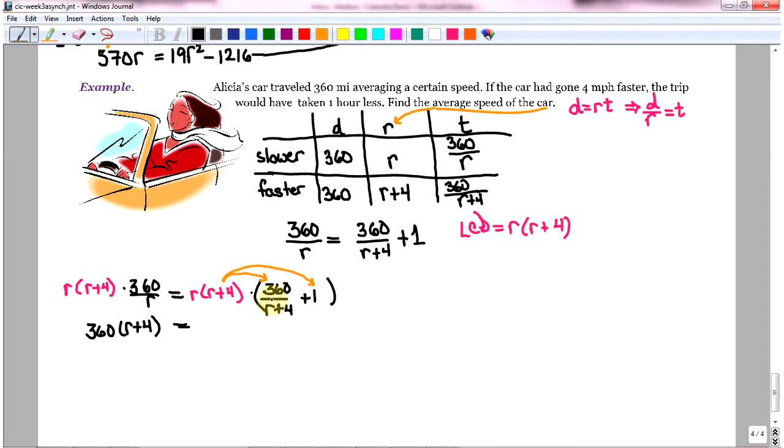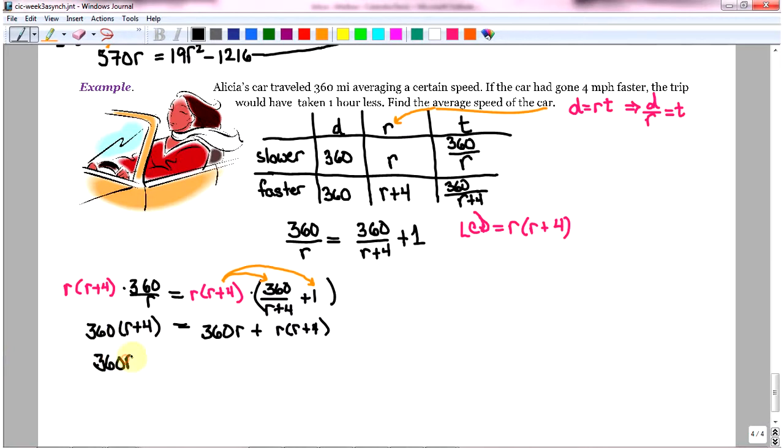The r plus 4's cancel out, and we'll have 360r plus, and now we have 1 times r plus 4, so nothing cancels out with that one. Okay, so now I'm going to distribute the 360.